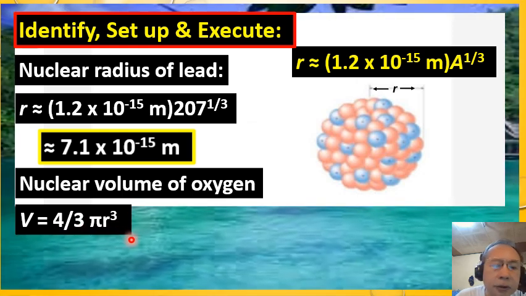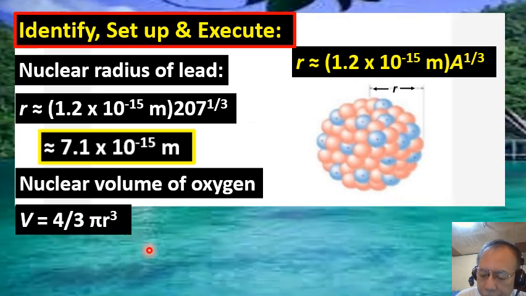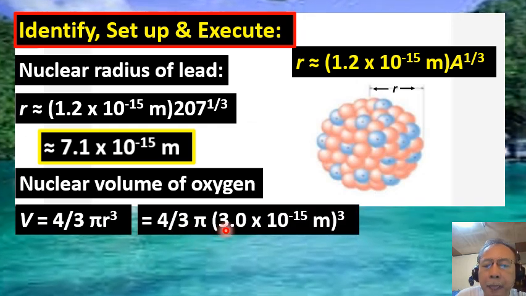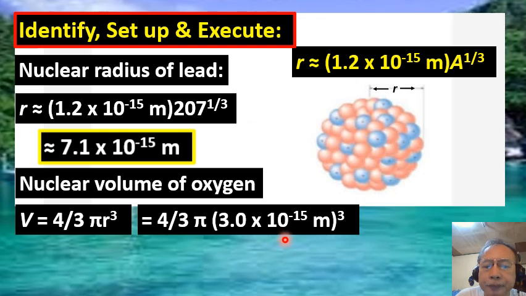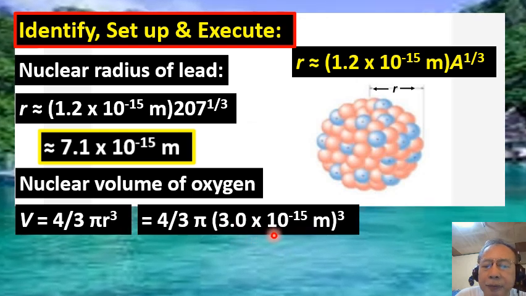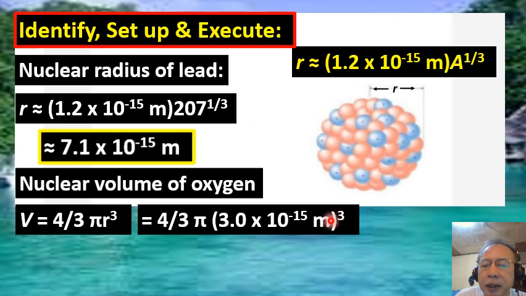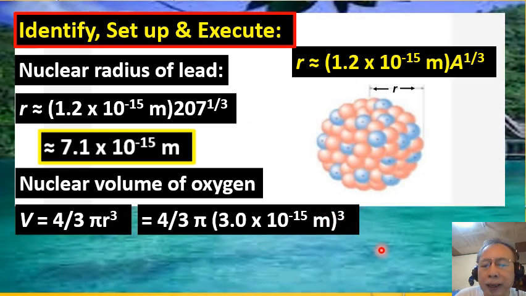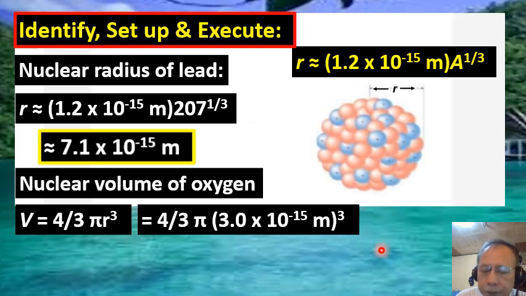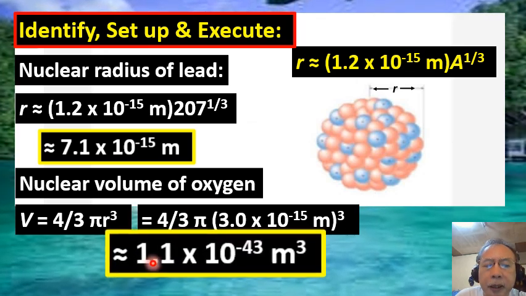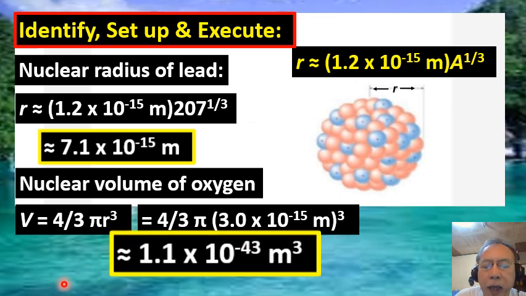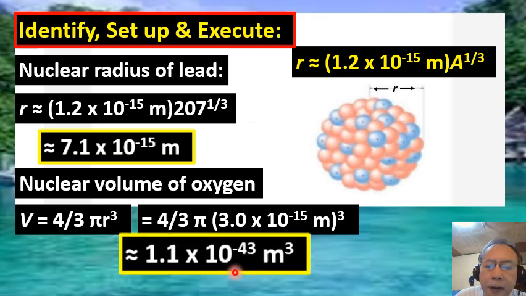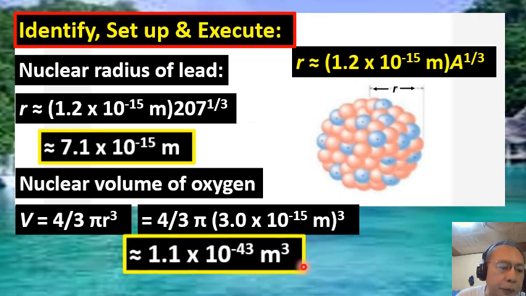When we substitute the quantities, we have 4/3 times pi multiplied by 3.0 times 10 to the negative 15 meters, and that will be cubed. So when we do our math, we find that the nuclear volume of oxygen is approximately equal to 1.1 times 10 to the negative 43 meter cube.